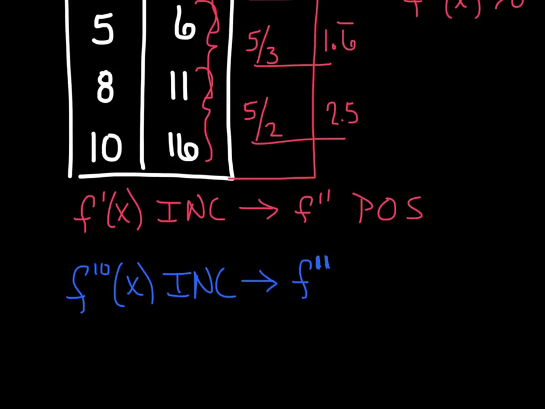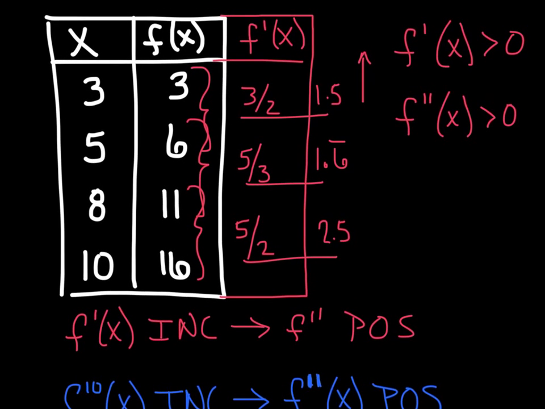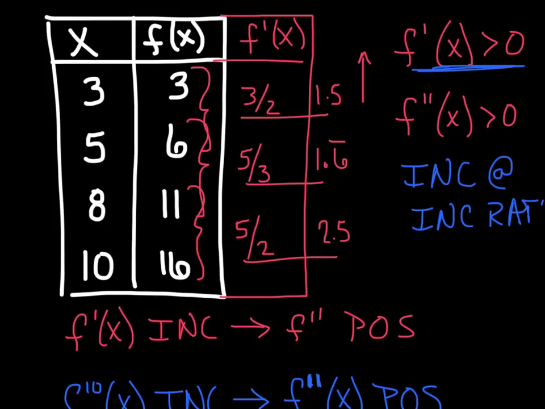I probably could have picked a better number. Just to wrap this one up, f is increasing because the first derivative was positive, at an increasing rate because the second derivative was positive.